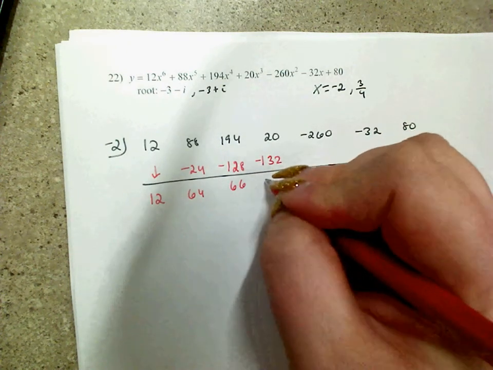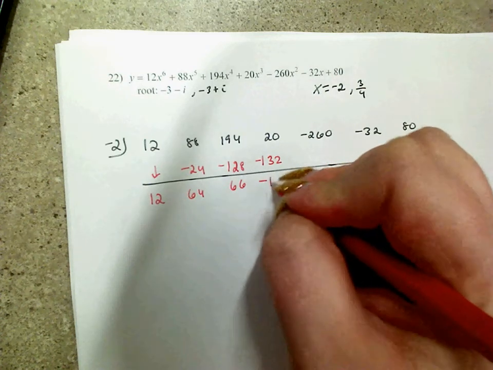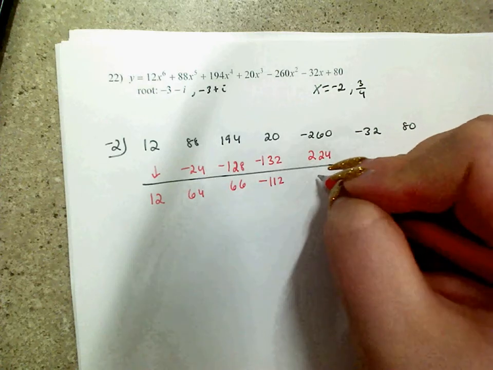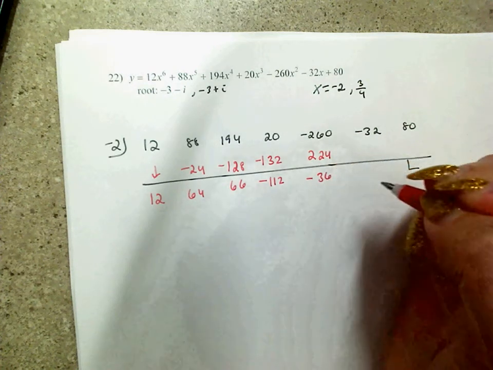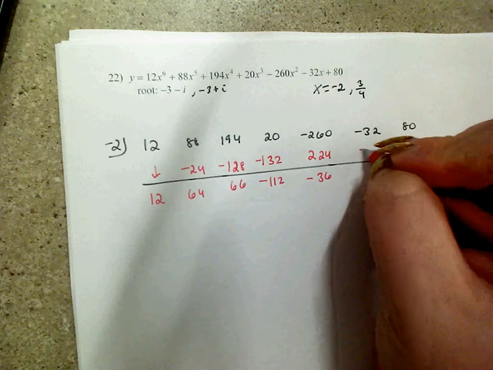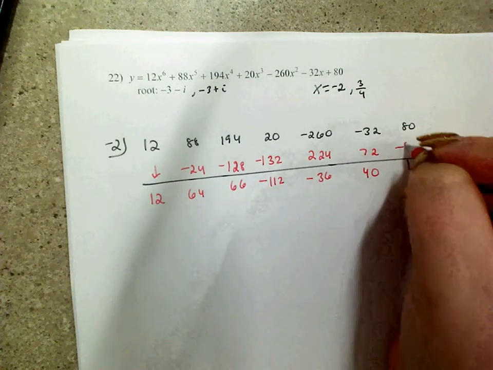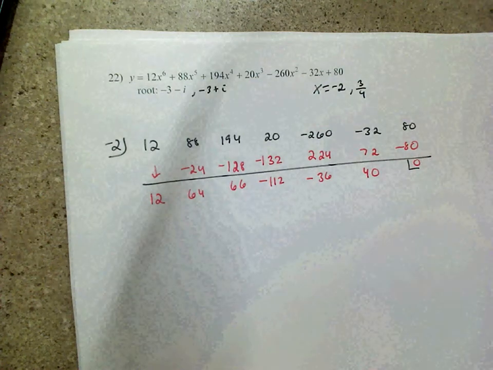So negative 112. 224, which means negative 36, positive 72, which means 40, negative 80. Okay. All right, here we go.